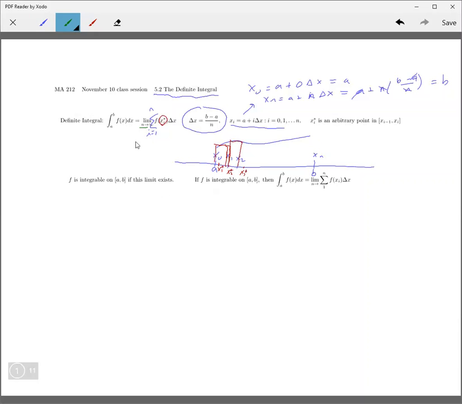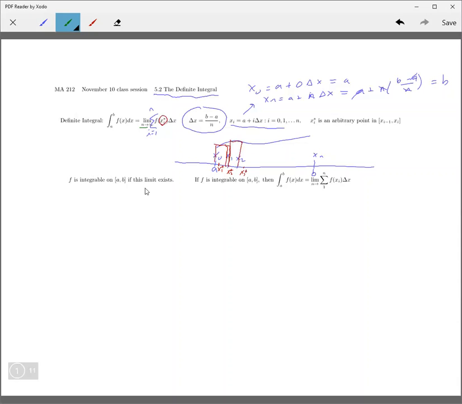F is integrable if this limit exists. Sometimes this doesn't exist. We can construct functions where this just falls apart, but I won't get into that. For continuous functions, it's going to work.